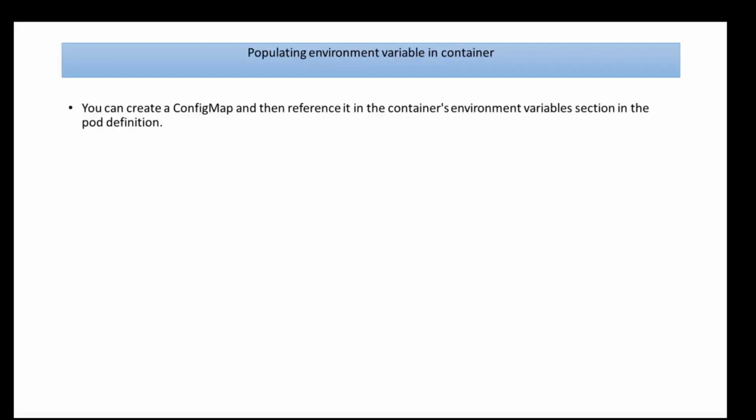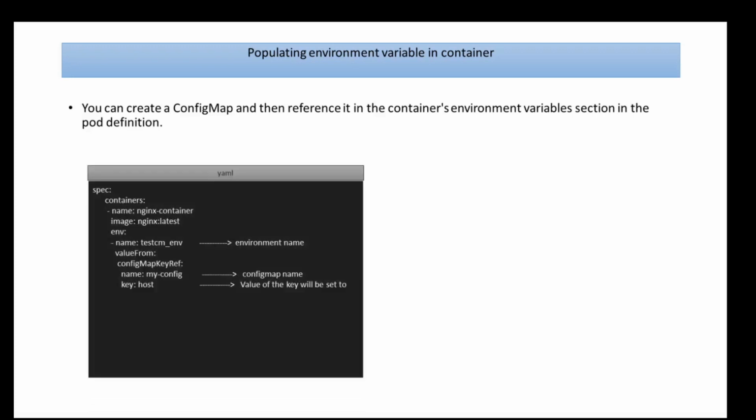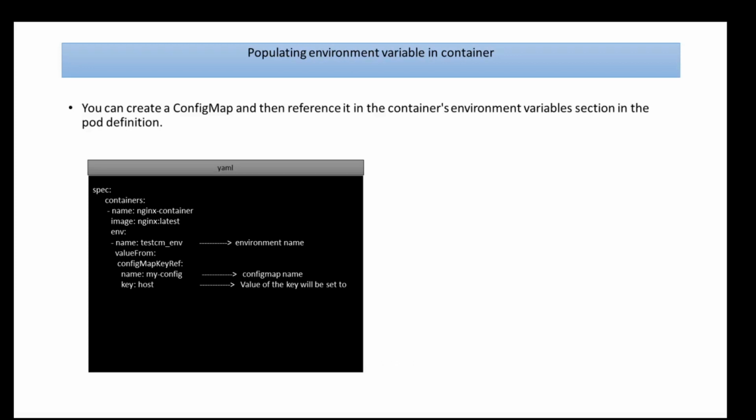Okay, so let's see how to populate an environment variable in a container. Here is the example of how to use your config map in your container. You can use the env option. There are 2 options we can use, envFrom or env. I have covered the env option here. The important point is you need to call your config map.